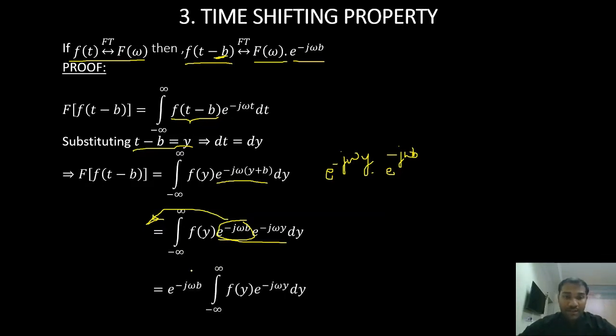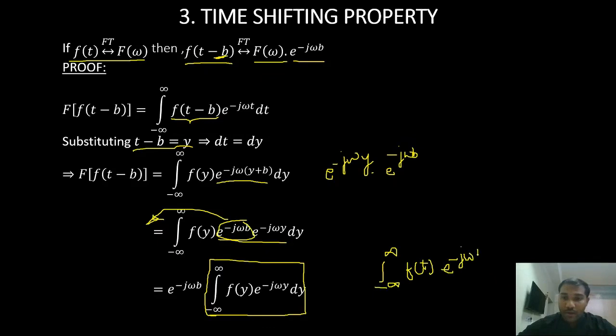If I take it outside the integral, it looks like this. Now this is the same as, can I compare it with this one? Minus infinity to infinity, f of t e power minus j omega t dt. I can compare it with this integral.